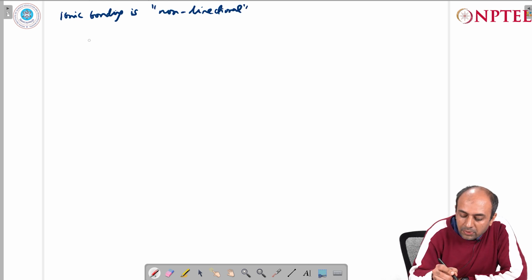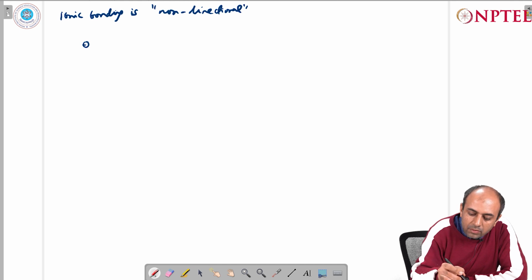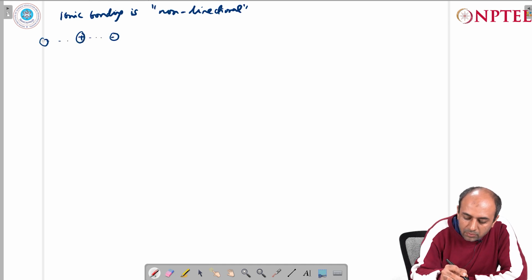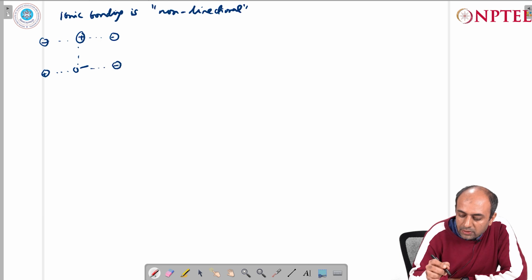In other words, because you have cations surrounded by anions and then anions surrounded by cations, this is an isotropic distribution.